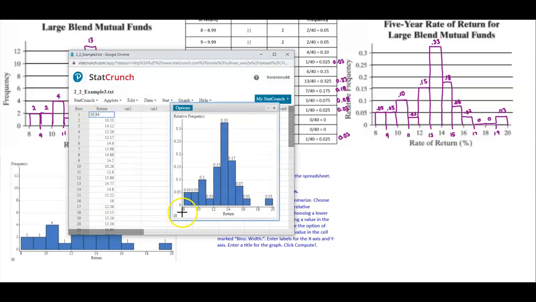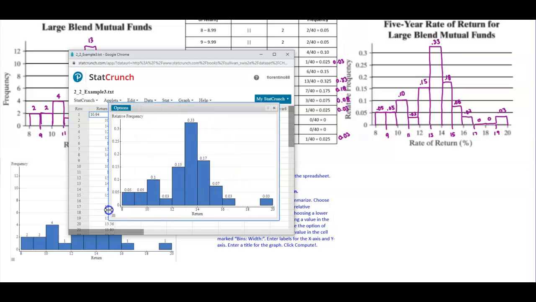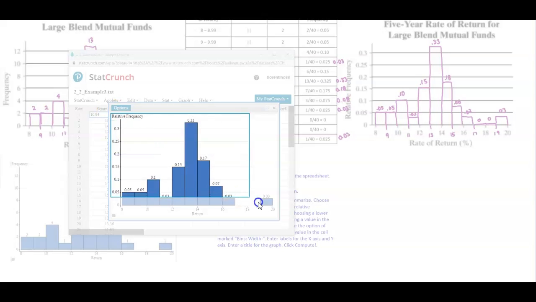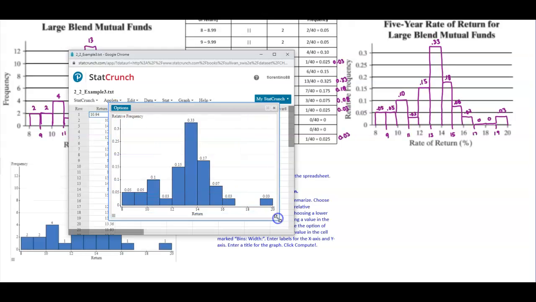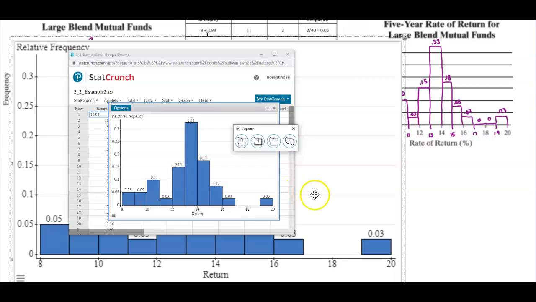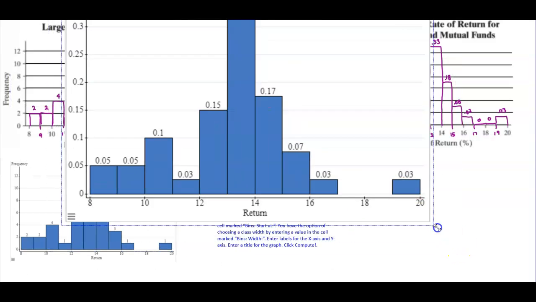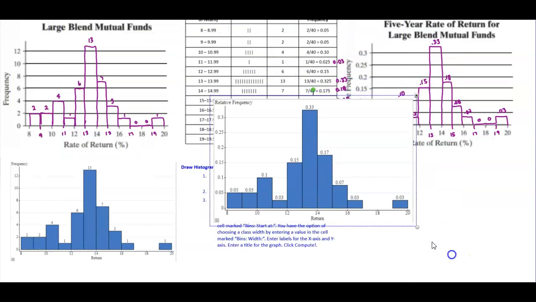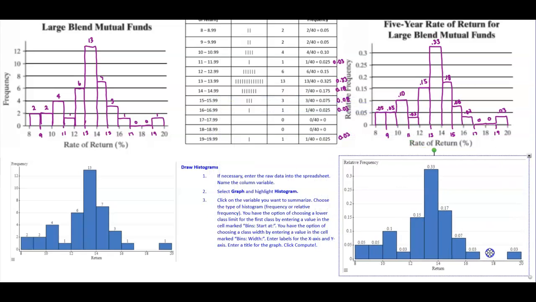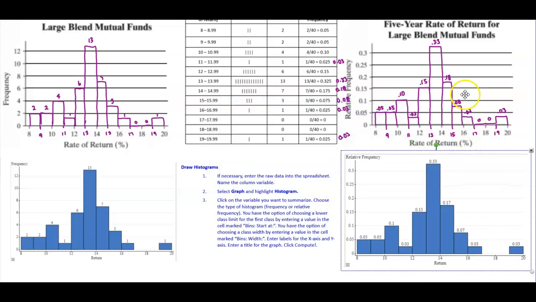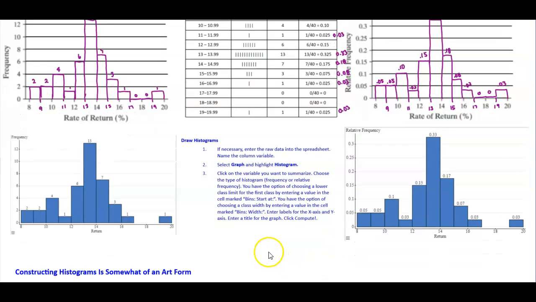Now we're going to select Compute. And therefore now we have our relative frequency histogram. So let's go ahead and copy that and compare it to the one we did by hand. Here is our graph, and you can see how it is comparable to the one that we have up here.